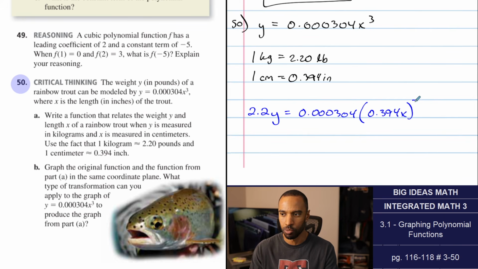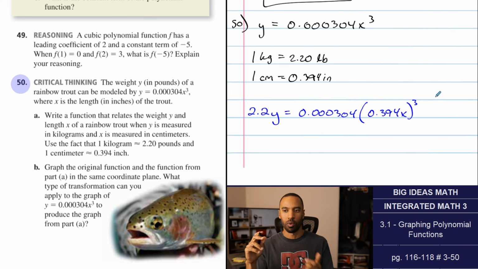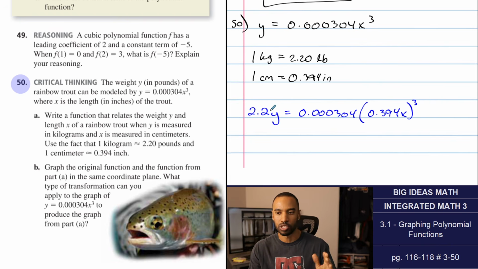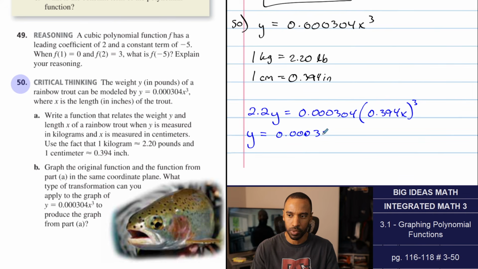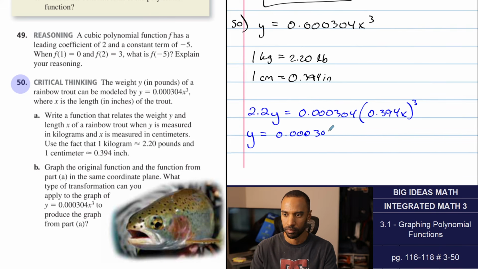I guess ideally what you want is y in terms of x, right? So we have to divide by 2.2, but I also want to cube that 0.394. So the way it's eventually going to look is 0.000304 times 0.394 cubed times x cubed, right?